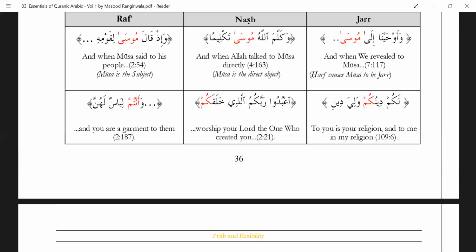Deenukum, deenu is religion, deenukum, your religion. So religion of yours, it becomes possession. So it's coming after of. So this here is jar. So when you have an attached pronoun at the end of nouns, it is in possession, so it becomes jar. When it is attached at the end of actions, it's the object of the action, so that's in nasb.